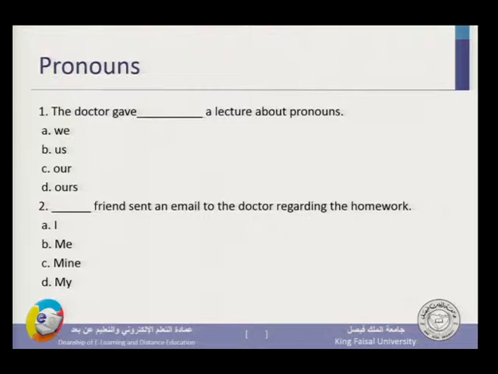Multiple choice, A, B, C, and D. The doctor gave us a lecture about pronouns. Why us? Because in this sentence we have to use an object pronoun. And the object pronoun is us, not we, which is the subject pronoun, not our, which is possessive, and not ours, which is also a possessive pronoun. So us is to be used.